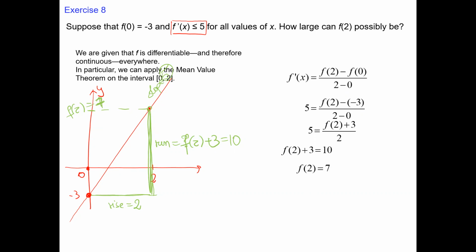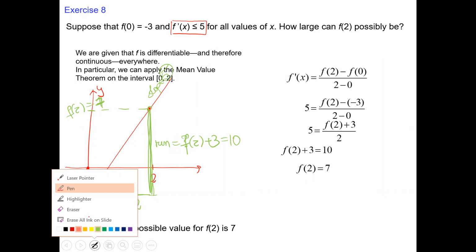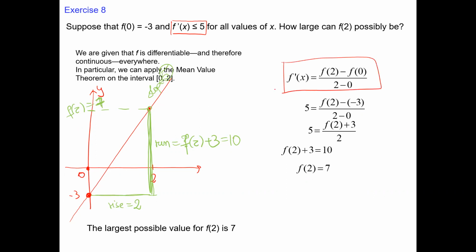So f of 2 is 7. But we did it without explicitly using the mean value theorem. That is the largest possible value, but you may start right away with this if you figure out that the mean value theorem is applicable.